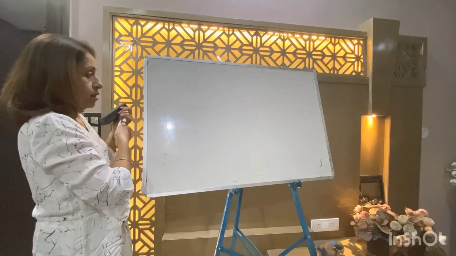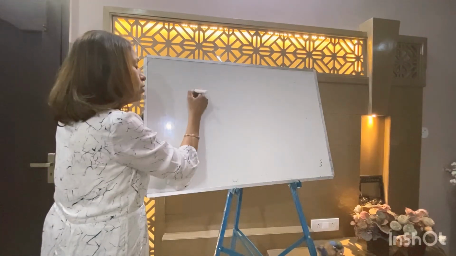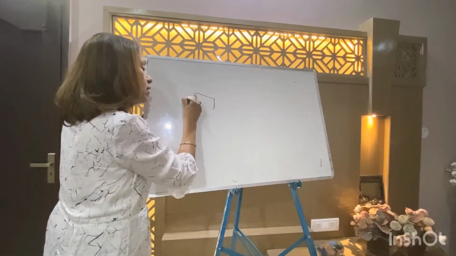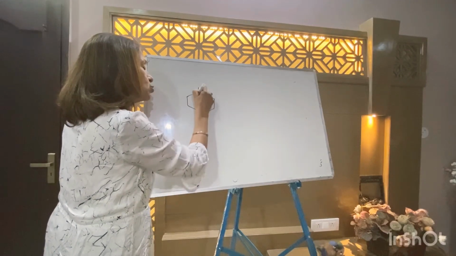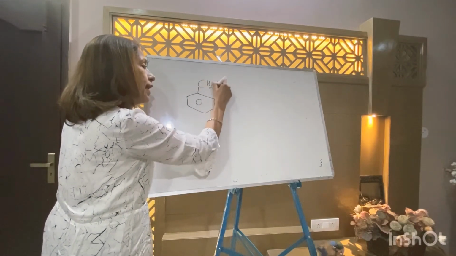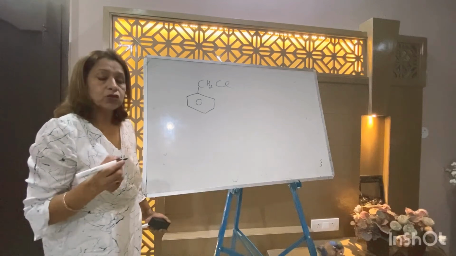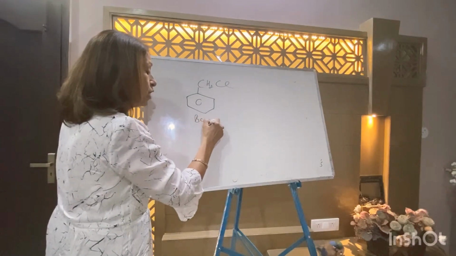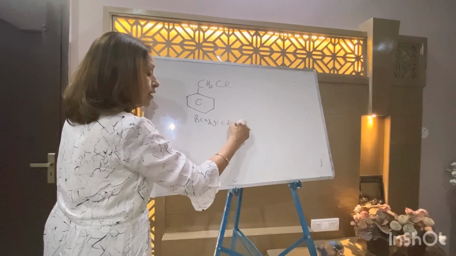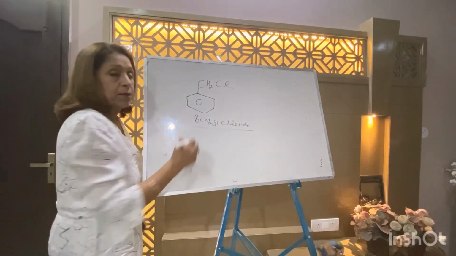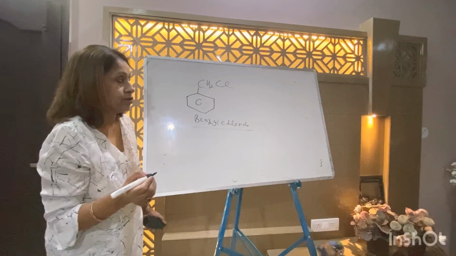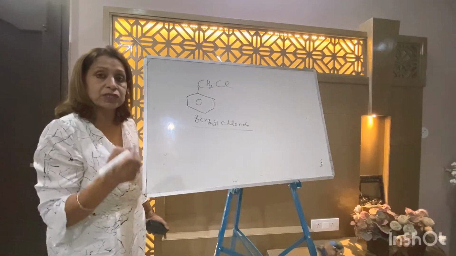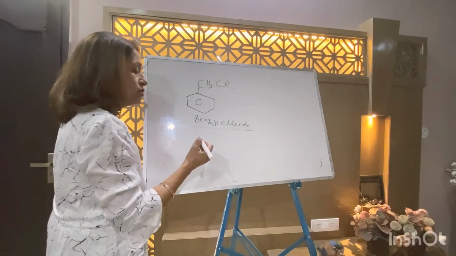Next, now I'm taking your benzene, CH2Cl. Its common name is very important. Its common name is benzyl chloride. Write it down. Benzyl chloride. Benzene, when attached to the CH2, it's called benzyl.